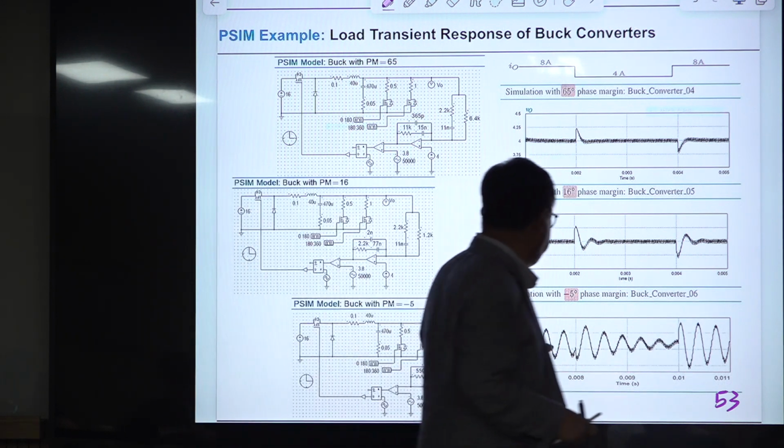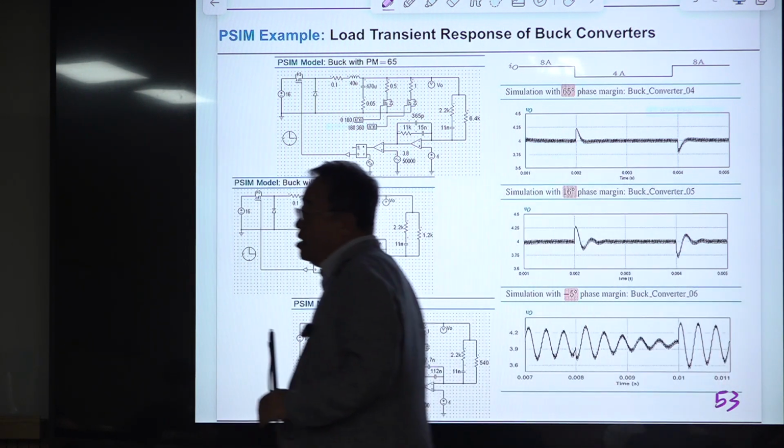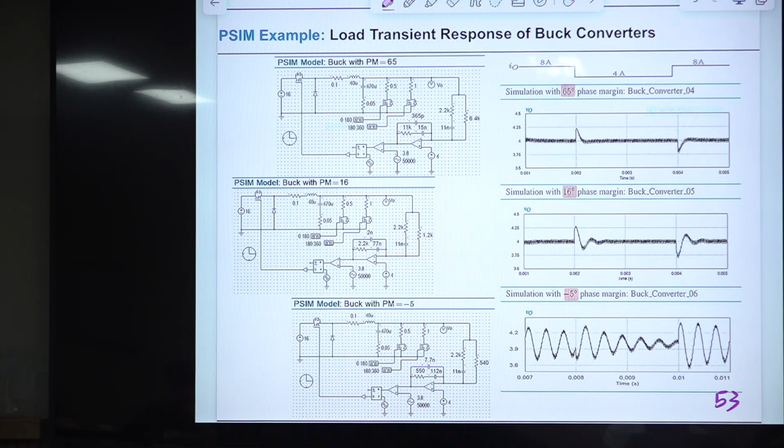The difference between these modes comes from the load current. If load current changes, this is 8M period, this 8M, 4M, okay. In this period, the converter is almost unstable, but in this region, the converter is very stable.